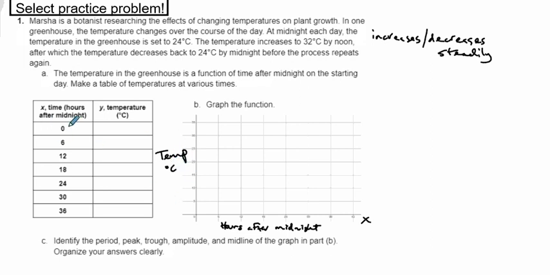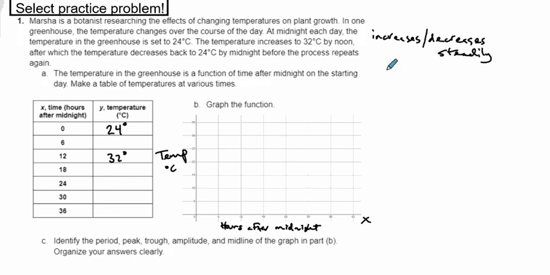At 0 hours after midnight, in other words at midnight when we start, it's set to 24 degrees. I don't know it at 6 hours, at 6 a.m., but I do know it at noon because it says the temperature increases to 32 degrees Celsius by noon. So we'll put 32 right here. We got 24 and we got 32.